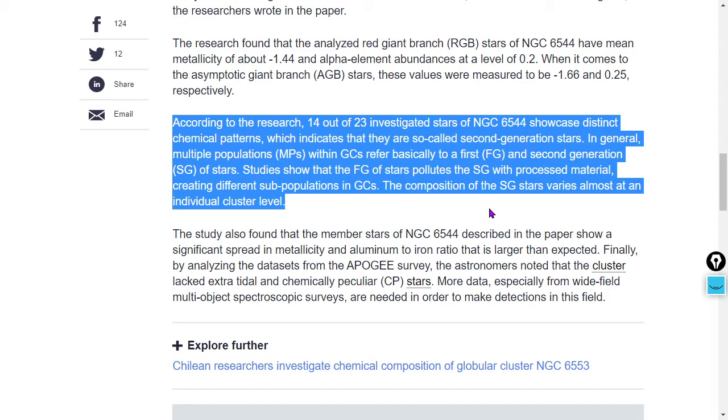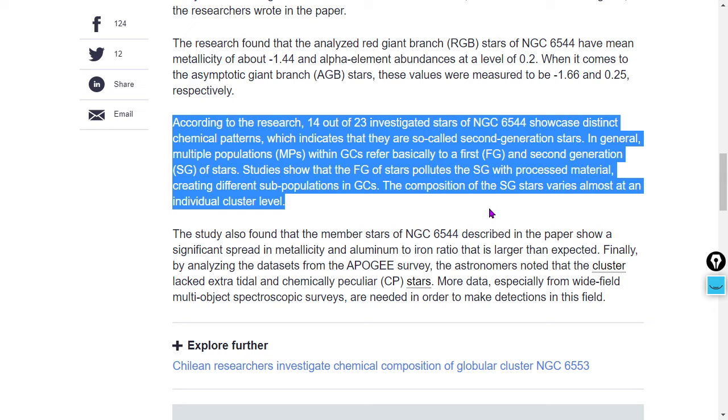According to the research, 14 out of the 23 investigated stars showcase distinct chemical patterns, which indicates they are so-called second-generation stars. In general, multiple populations within globular clusters refer basically to a first generation and second generation of stars. Studies show that first generation stars pollute second generation with processed material, creating different subpopulations in globular clusters.